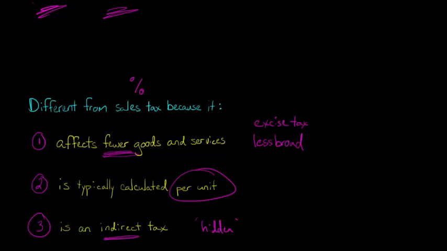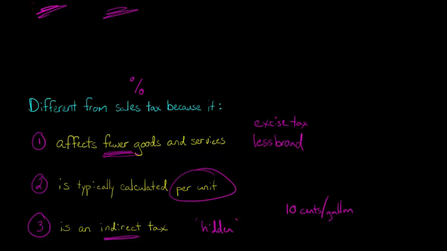Let's say it's a 10 cents a gallon excise tax on the fuel that you purchase. The seller, the manufacturer, has already incurred this tax. They paid that. Let's say it was a federal excise tax.